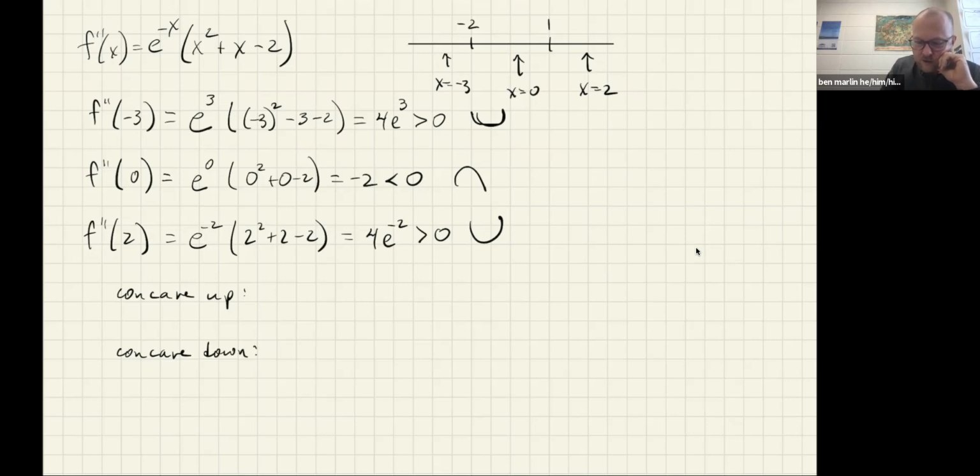So since there's only one region where it's concave down, that's maybe the easiest thing to think about, and that's around x equals 0, and it expands out in either direction and gets cut off at minus 2 up to positive 1, okay?